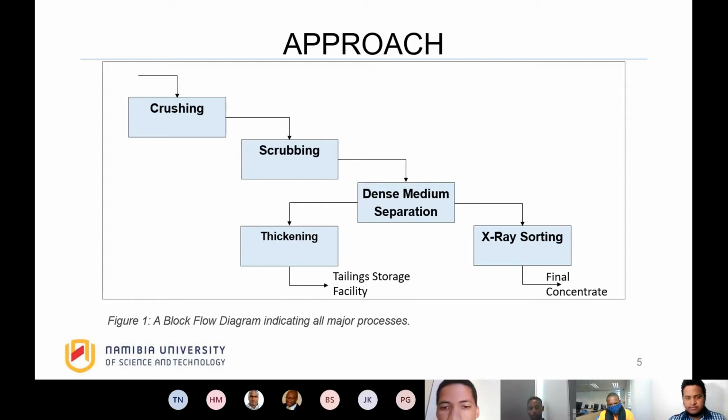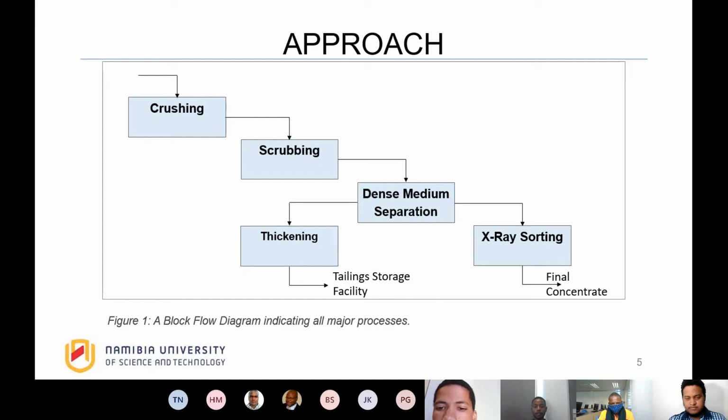Scrubbing: the main purpose of the scrubber is to remove the fines, using a scrubber with a trommel screen, which separates the fines and sends the coarser materials to the dense medium separation.